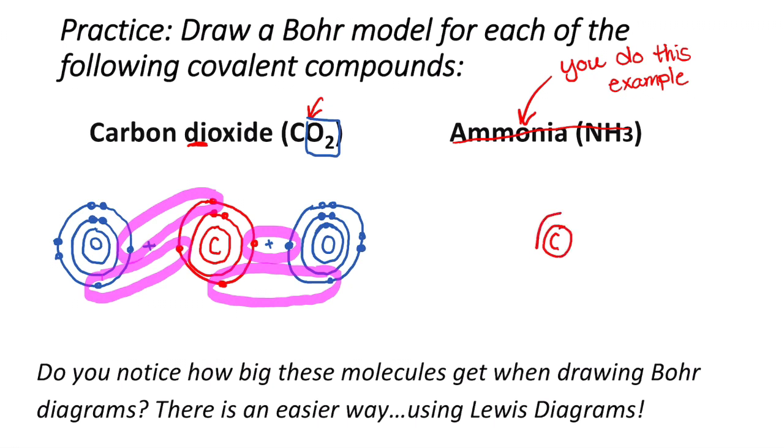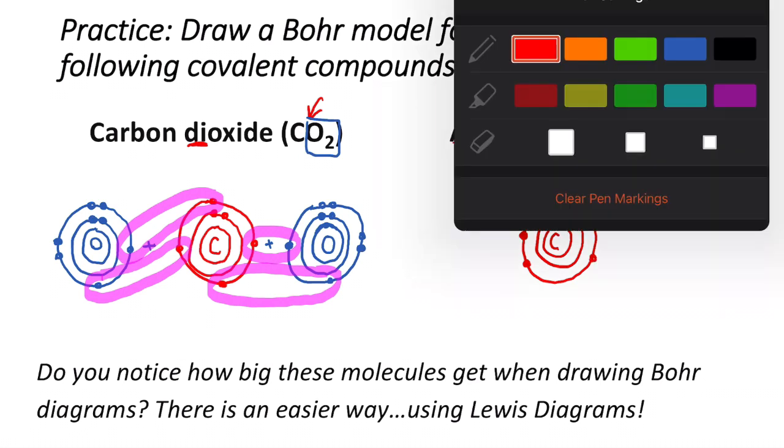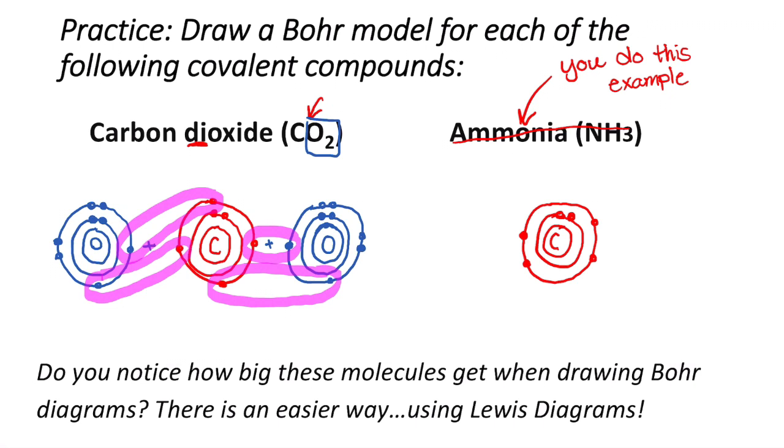So carbon, nucleus, first ring has 2, that's exactly the same. Second ring now has, I'm going to draw its 2 electrons so it's easier to show them bonded together. Okay, and then I'm going to draw in my oxygen close together so the rings will overlap.